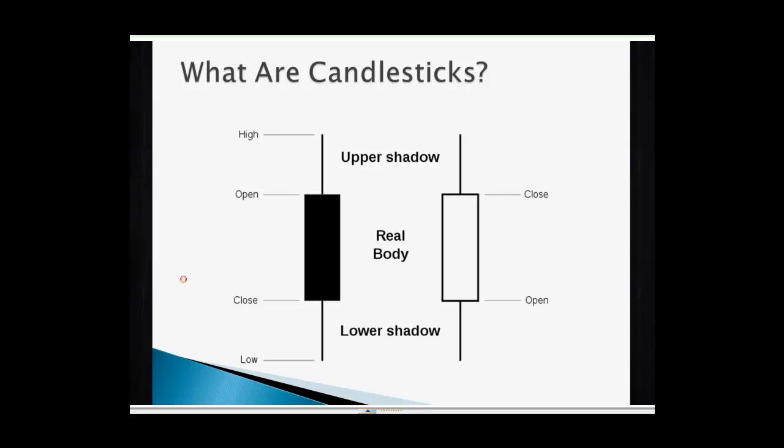If you want to talk about an individual candlestick, what does it look like? You have two types of candlestick essentially: one that happens on a down day, or week or month, and one that happens on an up day. So let's take the first candlestick here. You have the body of the candlestick.